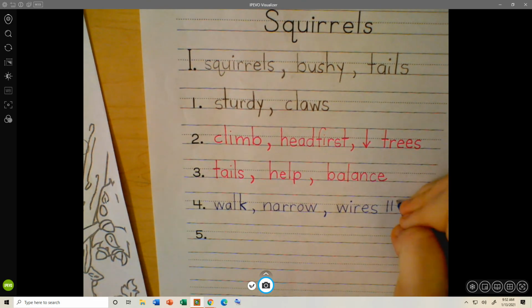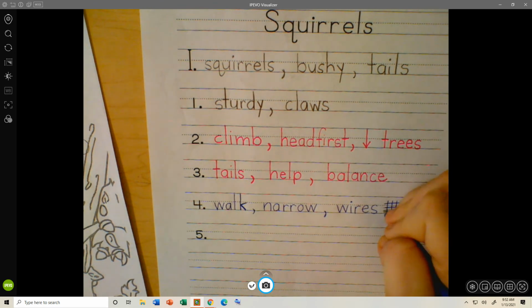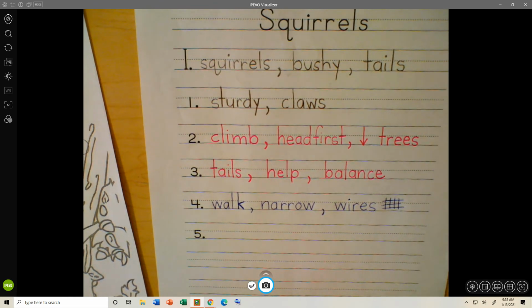And I'm going to just do a little symbol like this. That also means fences. That's going to remind me it's not just the wires, but it's also the fences. They can walk on narrow wires and fences.